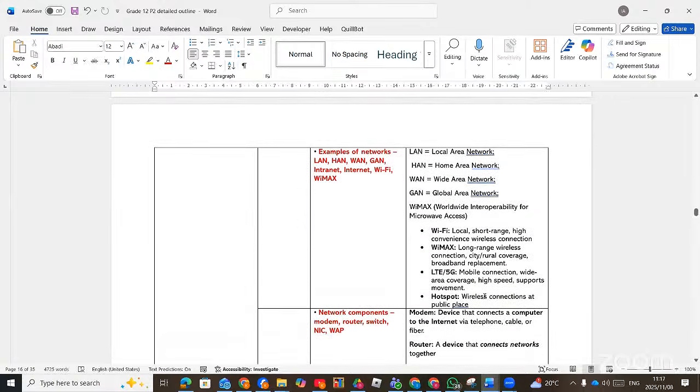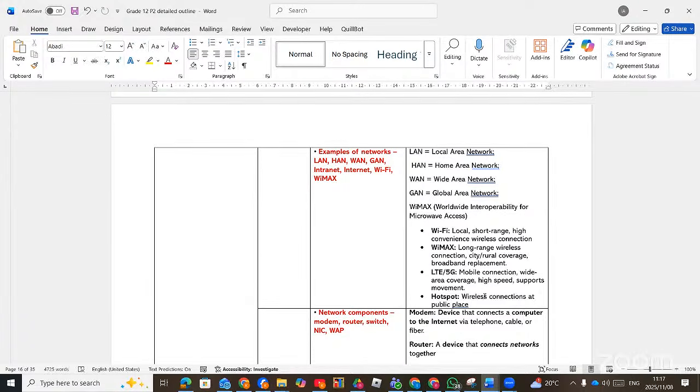Right. Then different types of network, like the local area network, at the home, limited to a small geographical area. Again, global network. Then WiMAX, which stands for Worldwide Interoperability for Microwave Access.